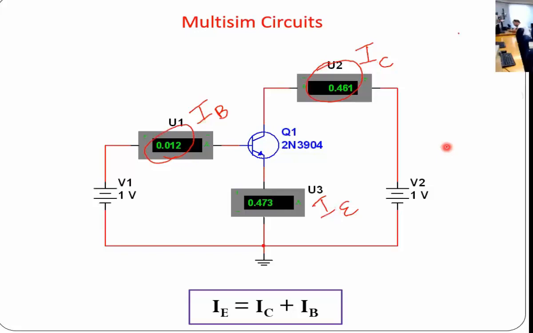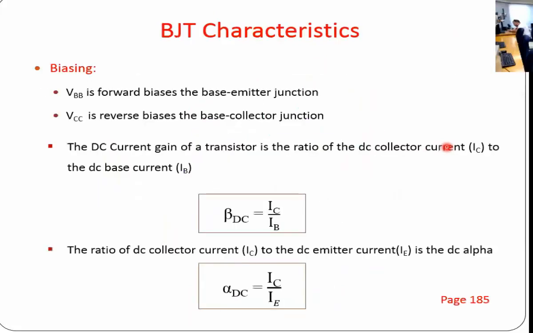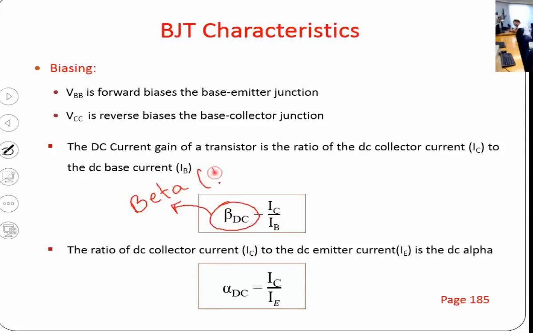If I don't know the emitter current, let's say, for example, if I know the base current, who decides this current in transistors? There is something called beta DC. That symbol is called beta.